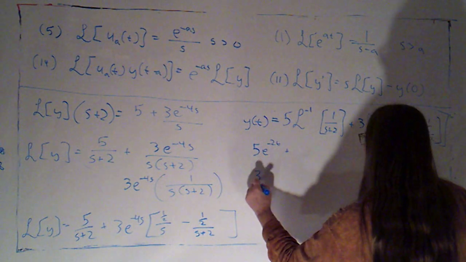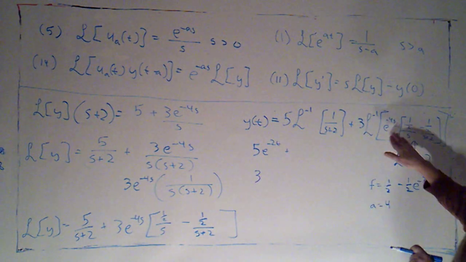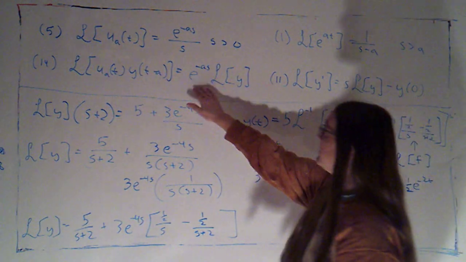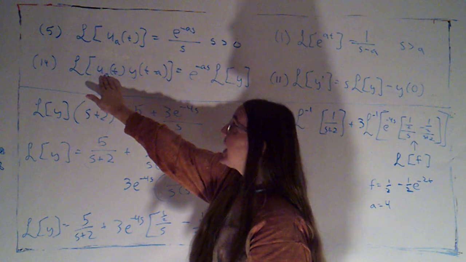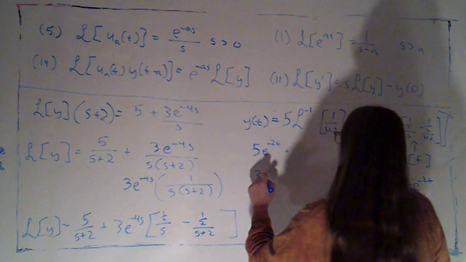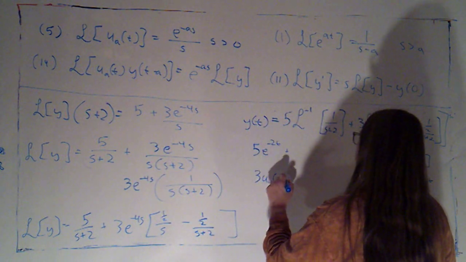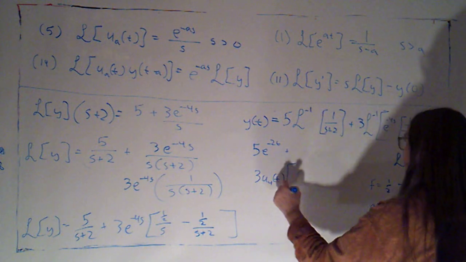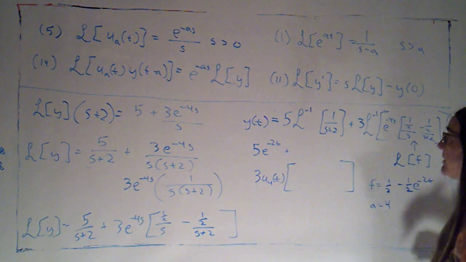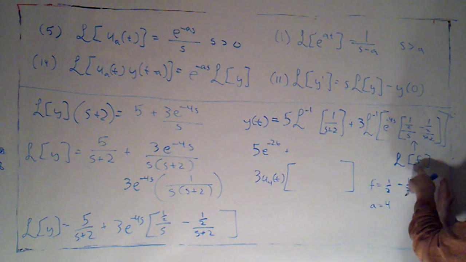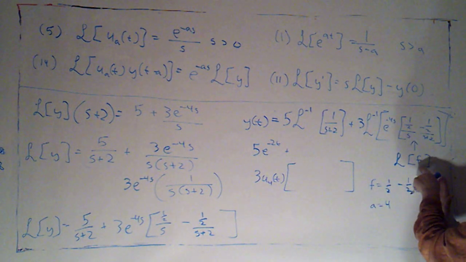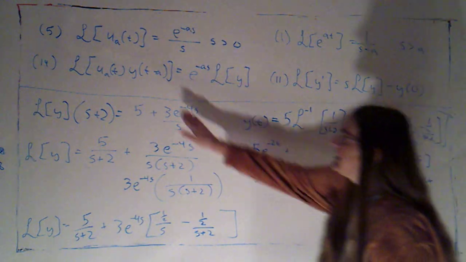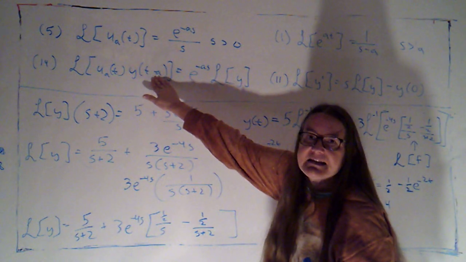Okay. So I can now say that this piece is going to be 3 copies of, when I have an exponential function times a Laplace transform, I'm getting the Heaviside function. So this will be mu sub 4 of t times the function that this was the Laplace transform of, my function f, but instead of evaluated at t, it's going to be evaluated at t minus a.